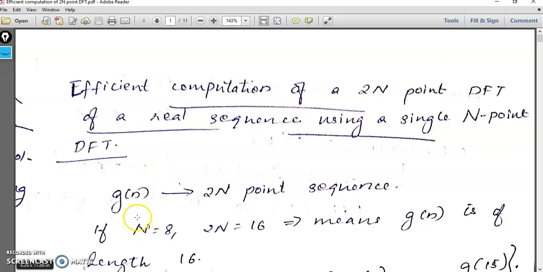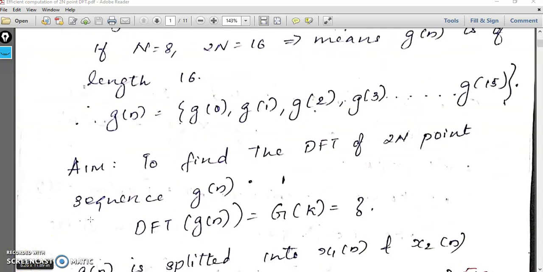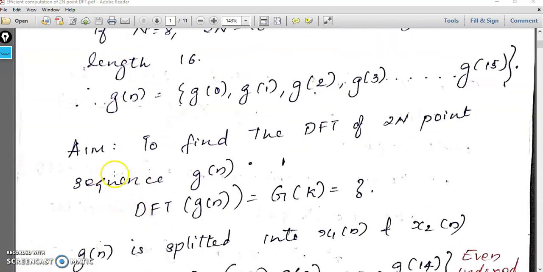If N is equal to 8, then 2N is equal to 16, so the length of the sequence will be 16. That means g of n has a length of 16. Here g of n is a 16 point sequence, g of 0 to g of 15.